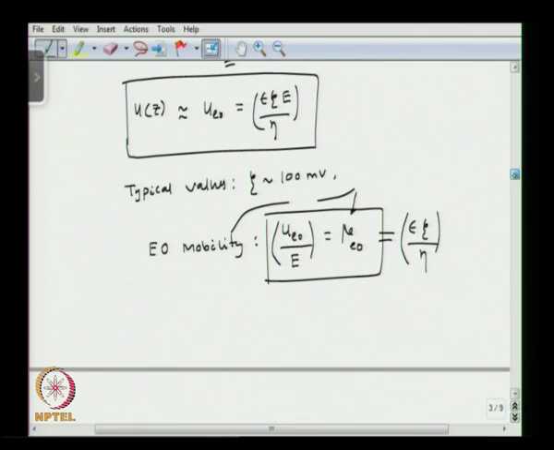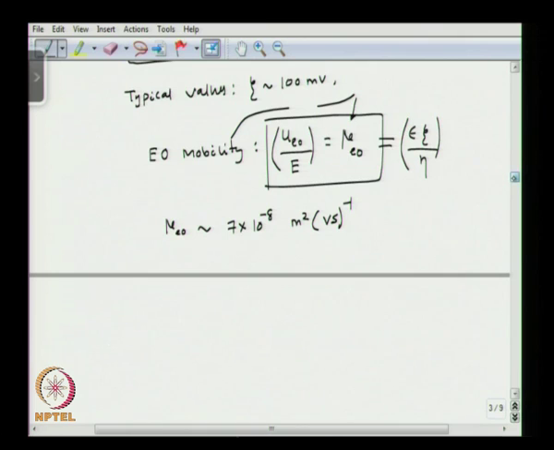Typically this electroosmotic mobility mu EO is about 7 into 10 to the power minus 8 meter square per volt second. Now, if we use these typical values of zeta potential and electroosmotic mobility, the typical electroosmotic flow velocity is of the order of 1 millimeter per second.